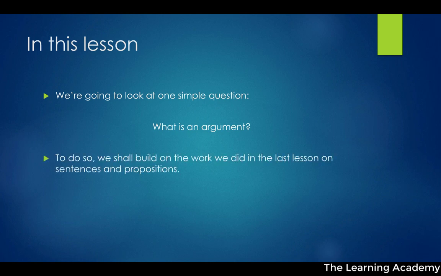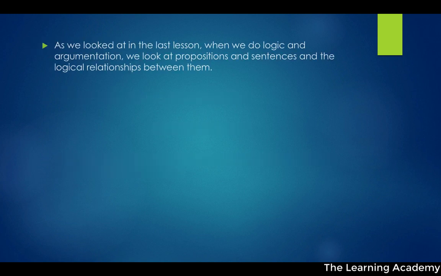And to do this, we shall build on the work that we did in the last lesson on sentences and propositions. So as we looked in the last lesson, when we do logic and when we do argumentation, we look at propositions and we look at sentences that are generally indicative and unambiguous. Okay, so that means that you can ascribe a truth value to them.